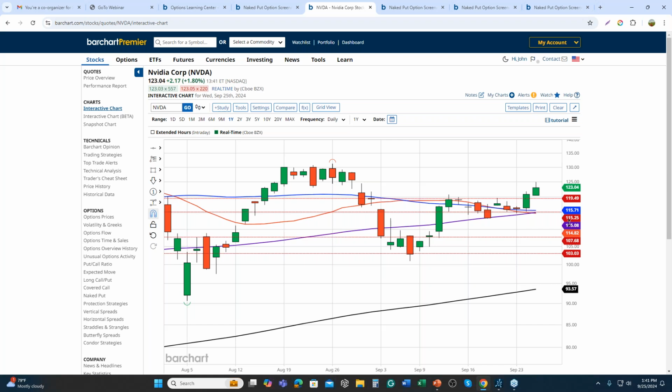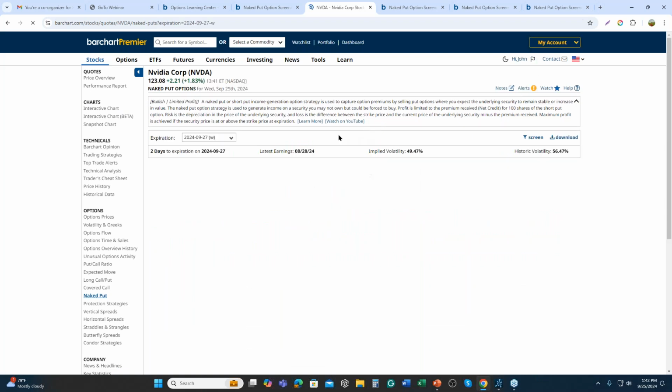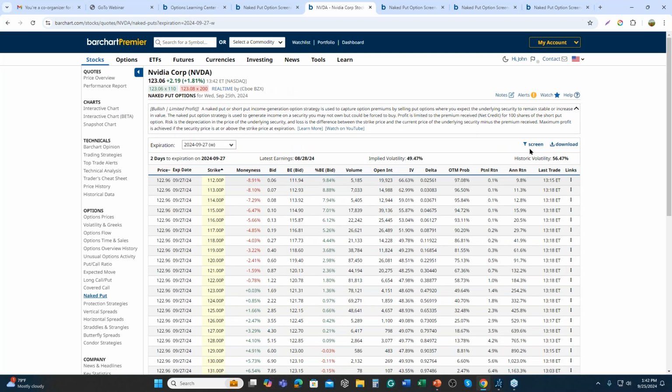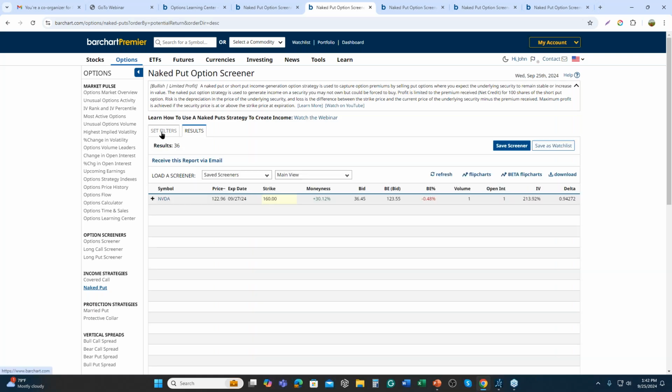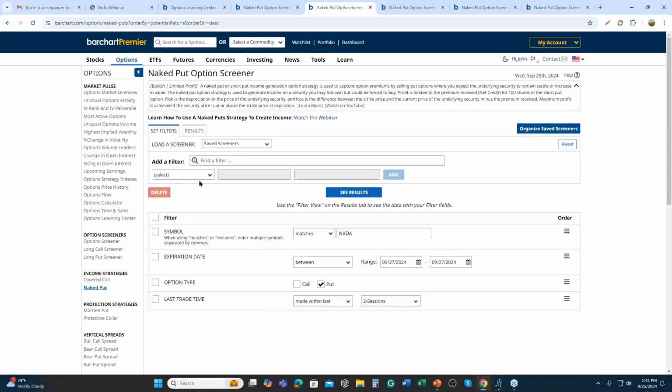And where am I willing to buy? Well, around 115. Again, I'm going to go back to my naked put screener. That is just for NVIDIA. I'm going to screen on it. I'm going to change my filters.